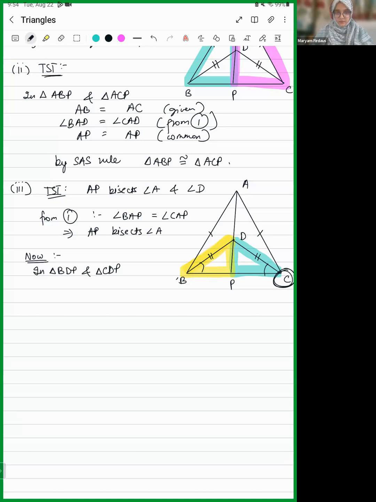Yeah, we do get it because we have already proven that triangles ACP and ABP are congruent. So first we have to write that. Where do I write? Okay, just a minute.